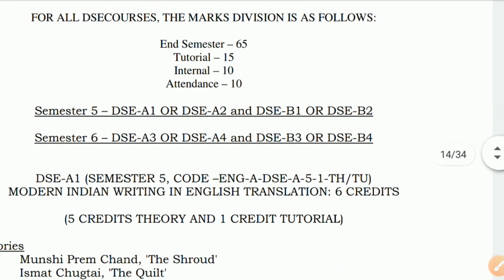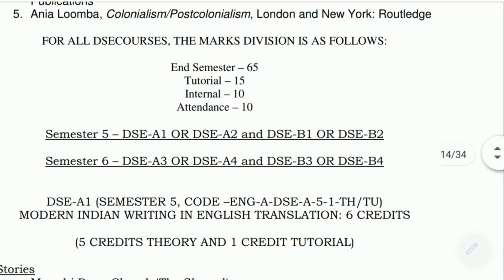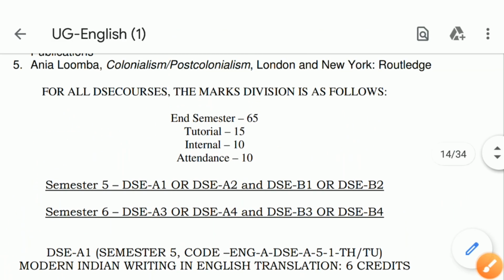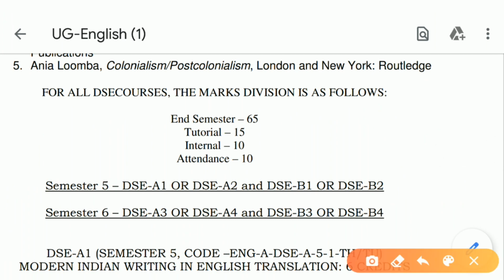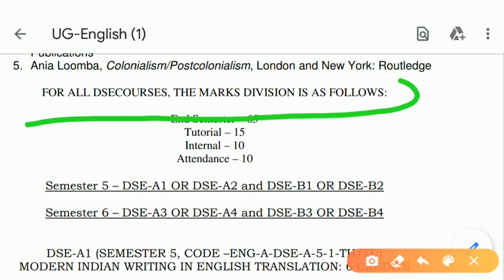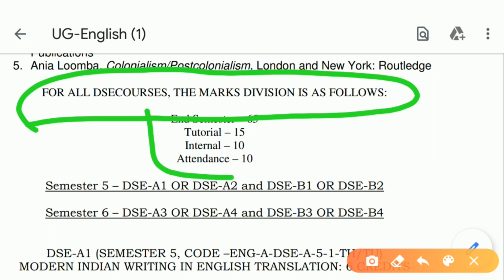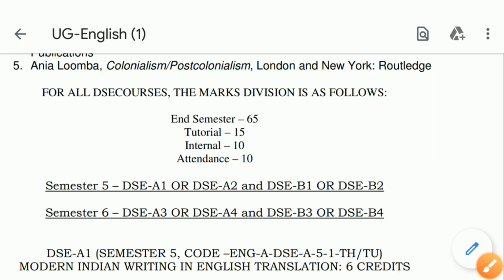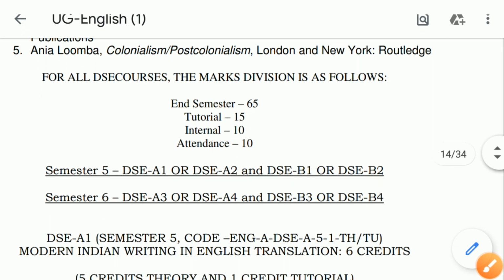Okay, so as you can see, this is DSE. For all DSE, the marks are as follows: end semester marks 65, tutorial 15, internal 10, and attendance 10. So this is basically the marks division of DSE.